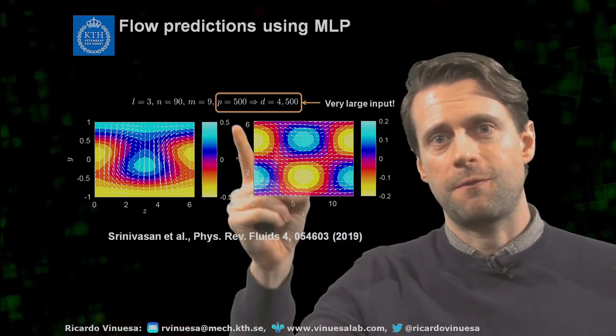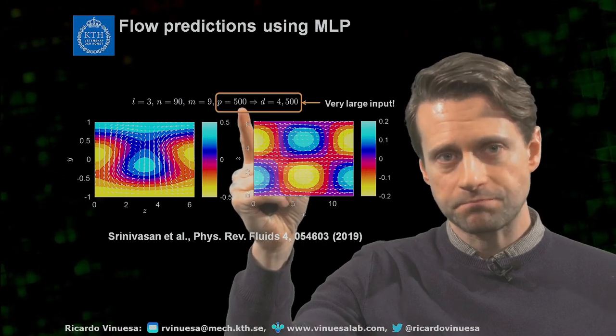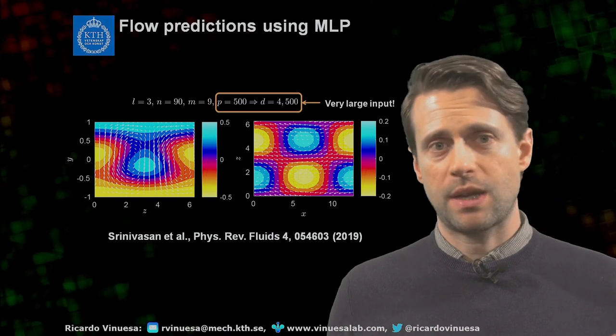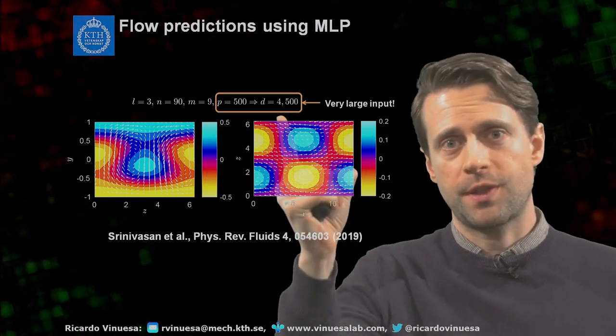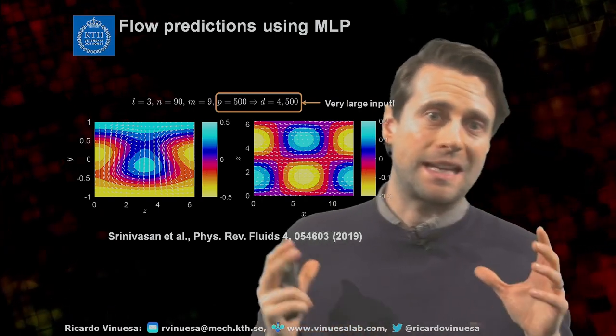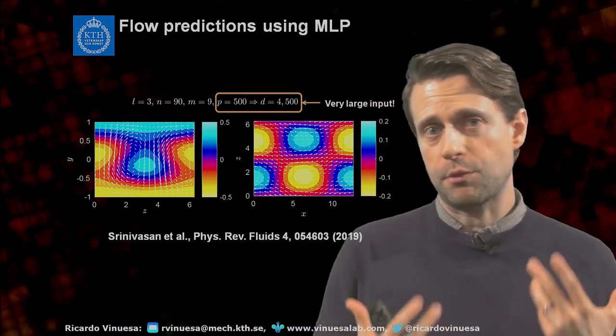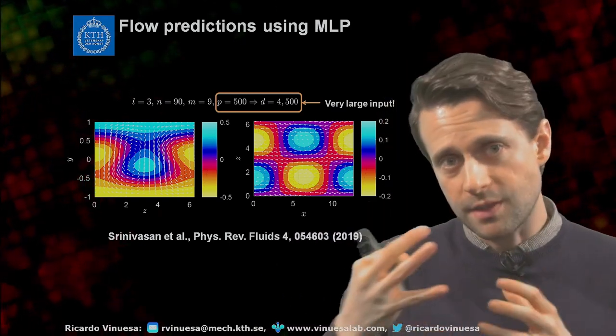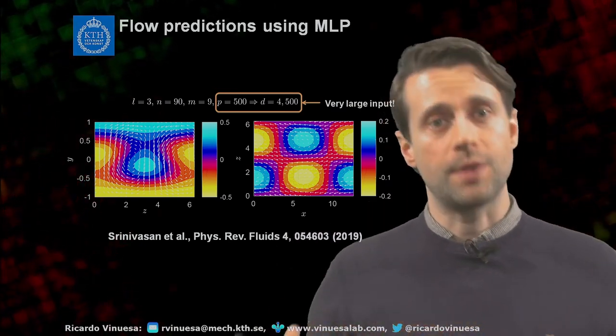We are using 500 time steps to predict the next time step. Because we have 9 coefficients, that's a total of 4,500 values to only predict 9. That seems a bit like overkill, and again, the reason is that the multi-layer perceptron cannot exploit the temporal dependencies in the data to improve the predictions.